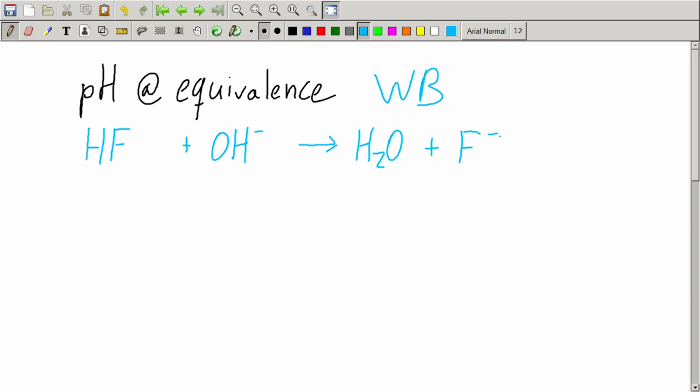Now, according to our calculations, if we start with 2.47 millimoles of HF, to reach equivalence, we have to add exactly the same number of millimoles of hydroxide ion. Okay, so there's no limiting reactant here. Both the reactants are consumed.